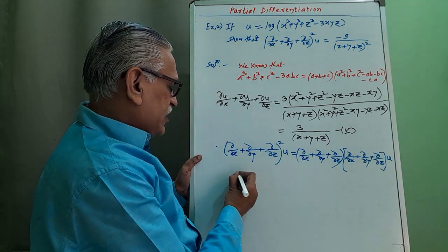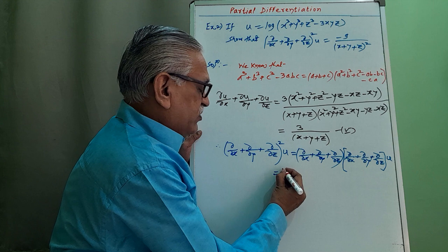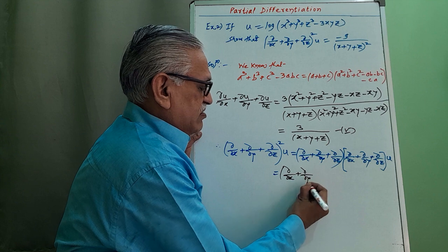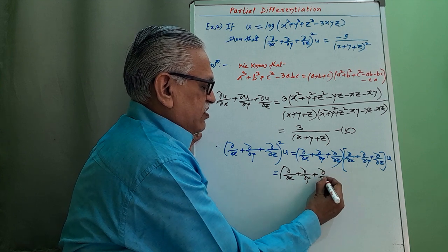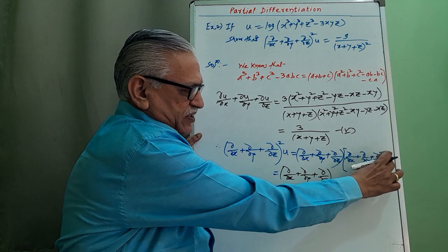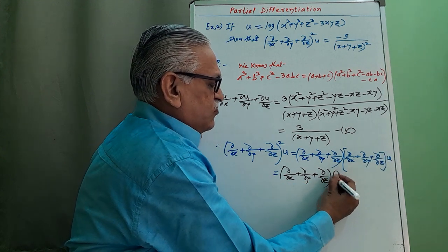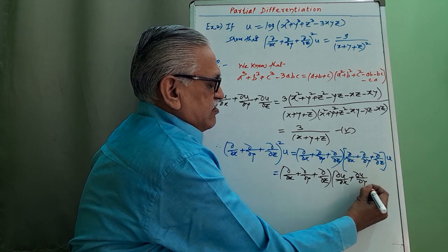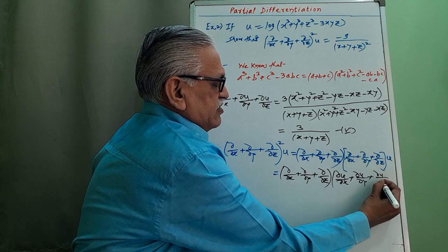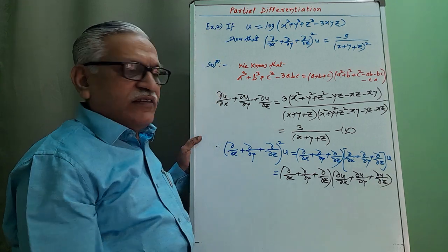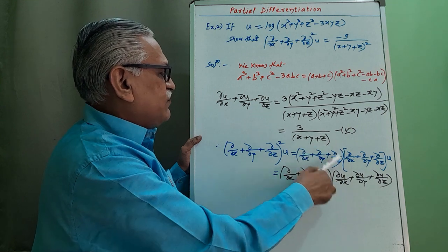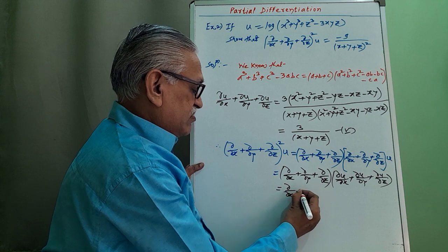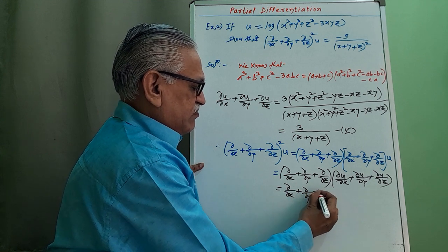The outer term I am keeping as it is, then operating the inner on u, we get ∂u/∂x plus ∂u/∂y plus ∂u/∂z, and then substituting the value from equation 5, it becomes (∂/∂x + ∂/∂y + ∂/∂z).